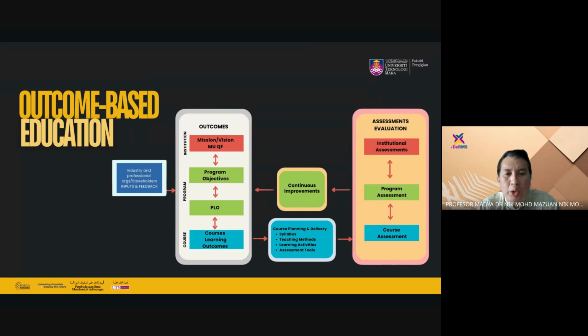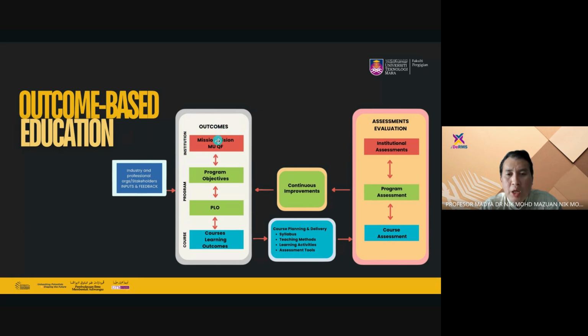So how do we obtain the industry and professional organization input and feedback? There are a few ways of doing it. We will see that from a series of workshops, and you will appreciate how much information we can get from them. According to the industry, professional organization, and stakeholders' feedback, we will then lay out the outcomes.